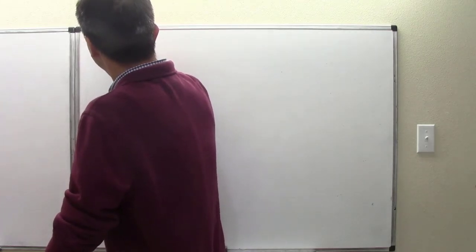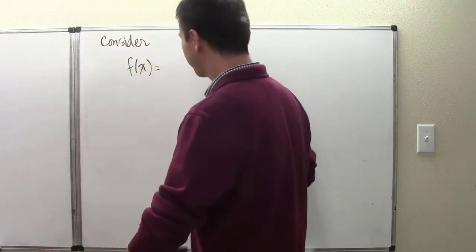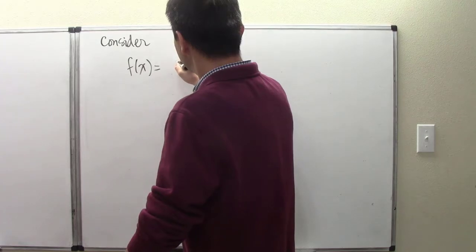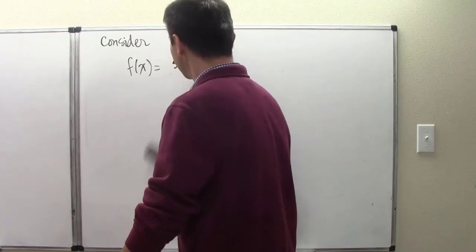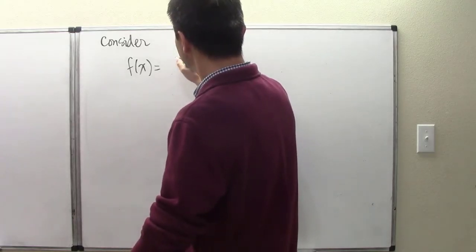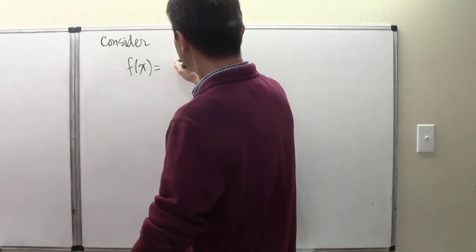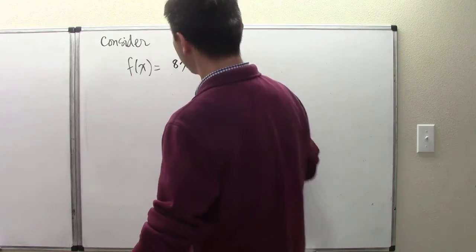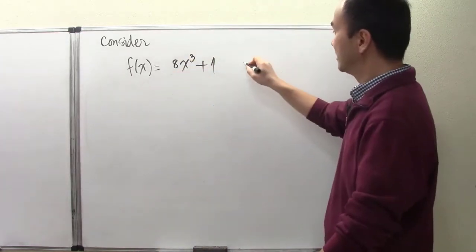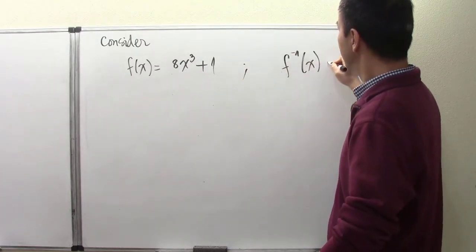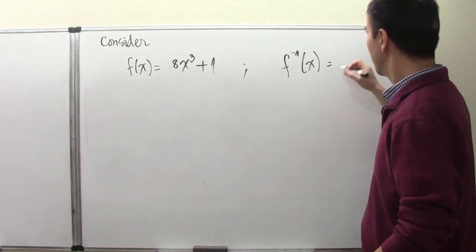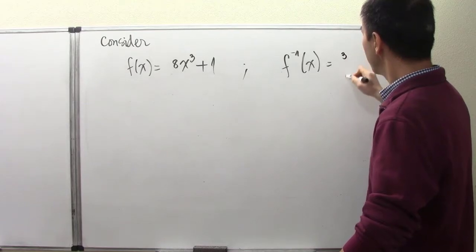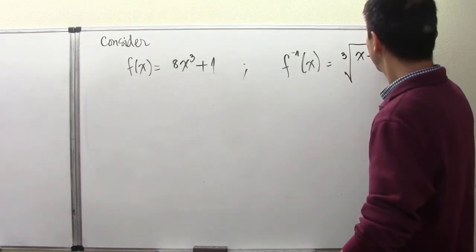So let's look at f of x equals 8x cubed plus 1, and its inverse is found to be the cube root of (x minus 1) over 8.